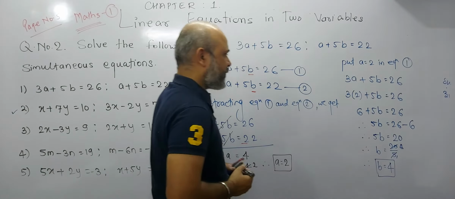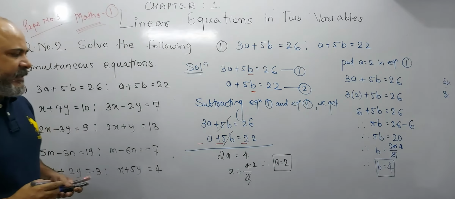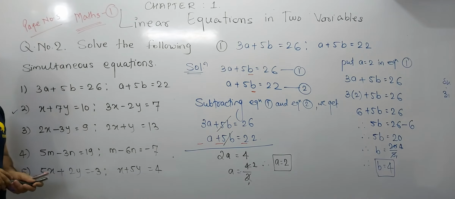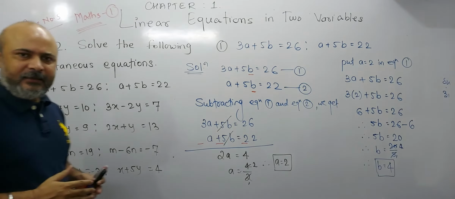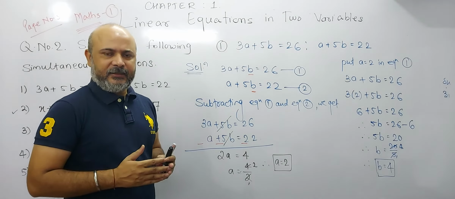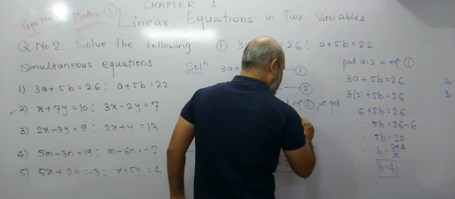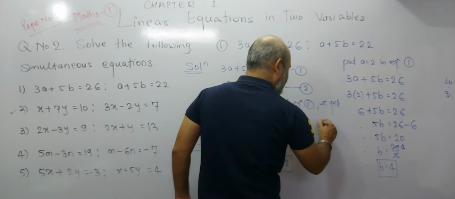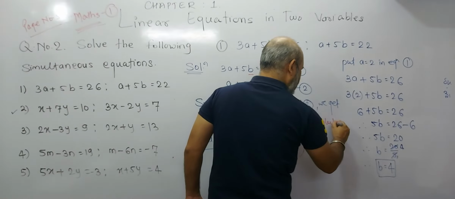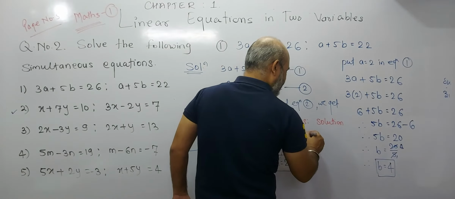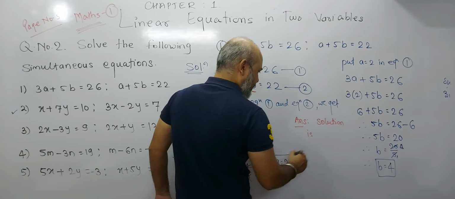Okay, student. So what is b? b is 4. Now a is 2 and b is 4, and then finally you will write the answer. So write the answer. Solution is what?